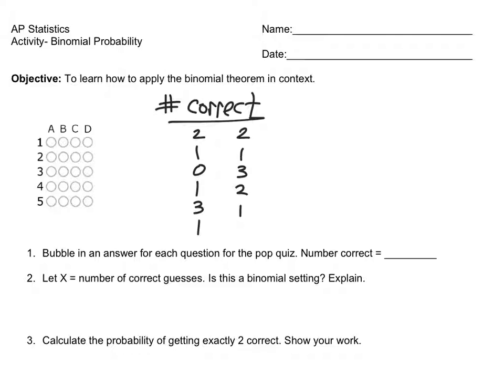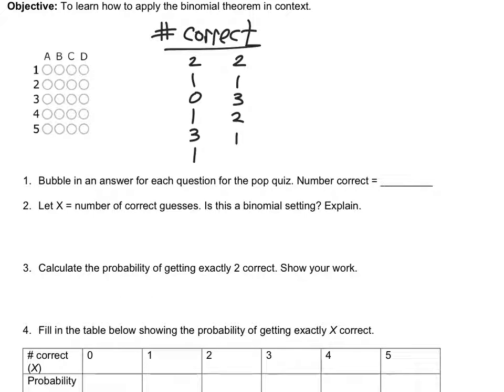Okay, so based on this, what we can do is we could actually make a determination of some probabilities. So I'll get to number 2 in a second, but number 3, it's asking us the probability of getting exactly 2 questions correct. Experimentally, what we'd be looking at would be the number of trials.